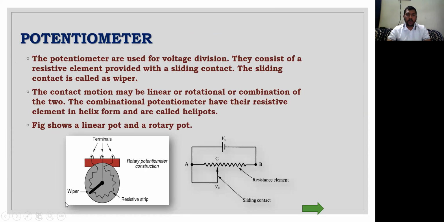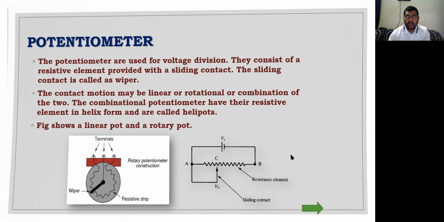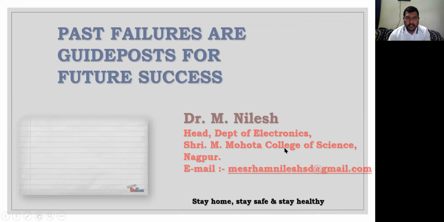This is the pot, where the wiper rotates and accordingly the voltage can be varied. This is a potential divider network where we can divide the voltage according to the change in the wiper. And as you can see here, we require a voltage source, and that is why it is called a passive device. So resistance is a passive device.